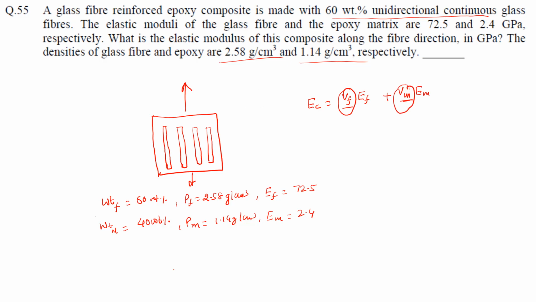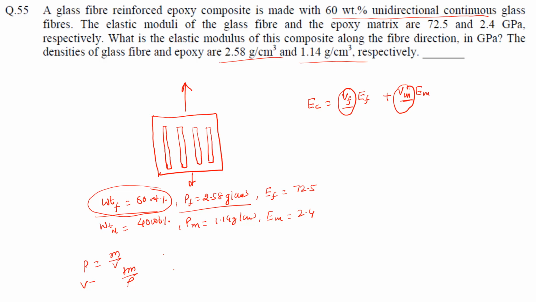But here it is given weight percentage and the density. That means the quantity has been given in terms of weight. We know density equals mass by volume, so volume we can calculate using mass by density. Weight is nothing but the mass here.